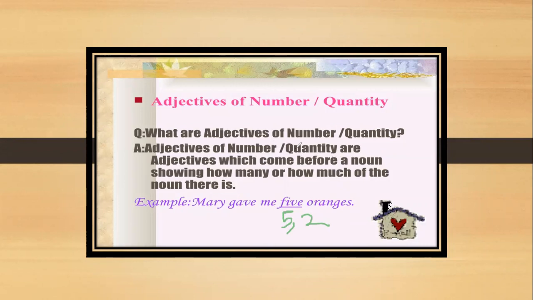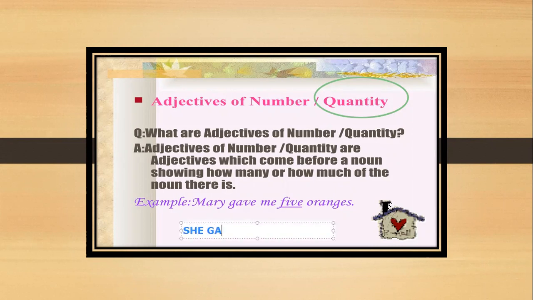Let me tell you now the adjective of quantity. Number you know now. Let me tell you that quantity. So let me first circle the quantity. So adjective of quantity, how will you be able to know that? By how much. Right? Let me tell you. Okay, let me write.